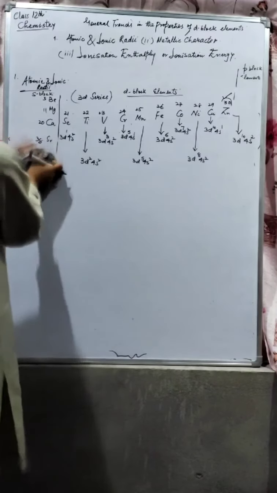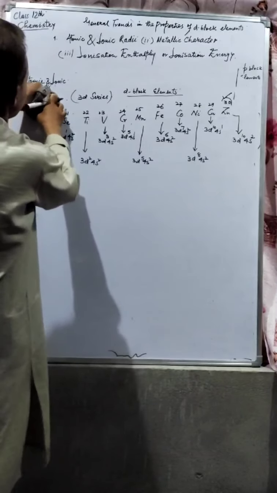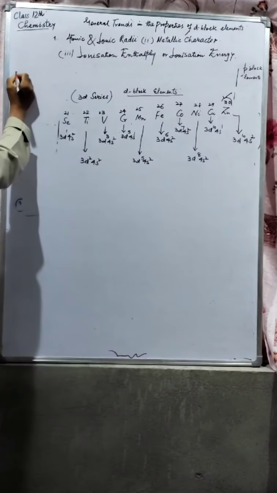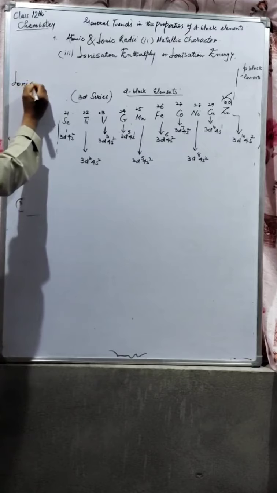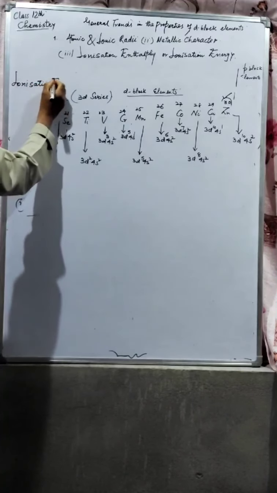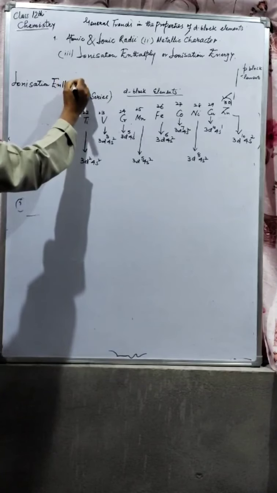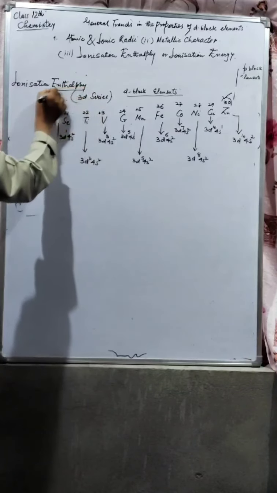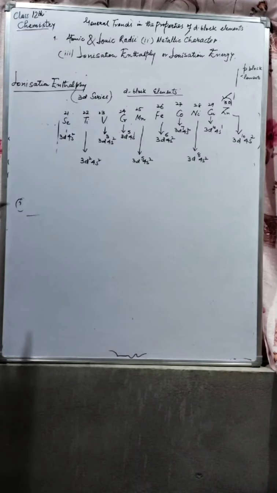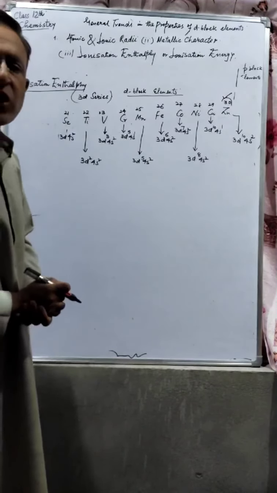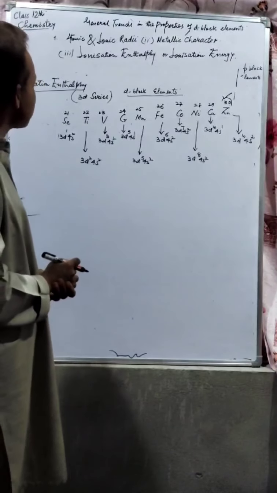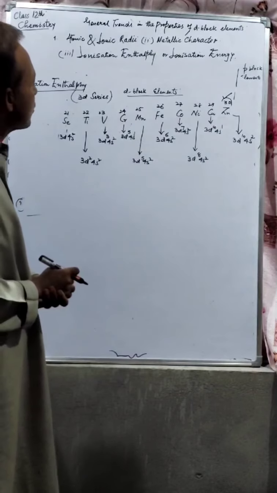Now, what is ionization enthalpy or ionization energy? Ionization enthalpy can be defined as the amount of the energy required to remove the most loosely bound electron from the gaseous neutral atom.